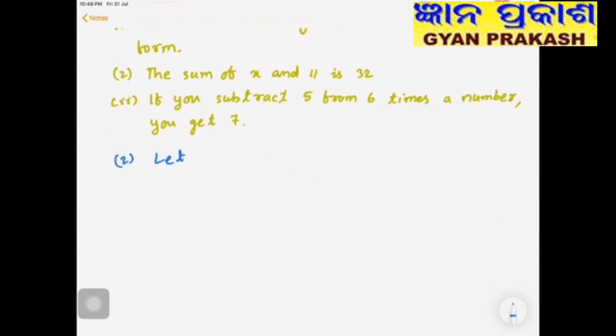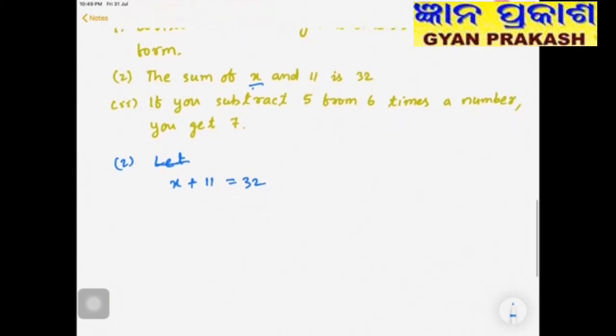Here we are given the variable, that is x. So the sum of x and 11 means x plus 11, and it is equal to 32. So it is a very simple one.